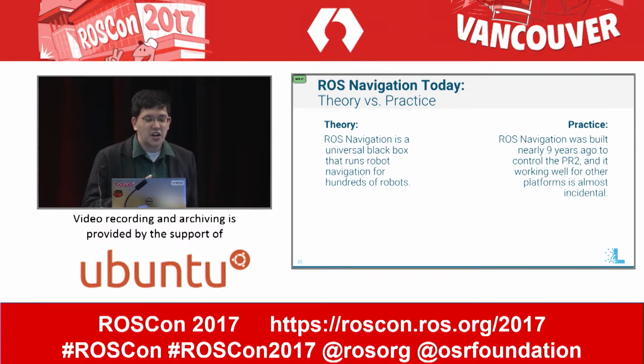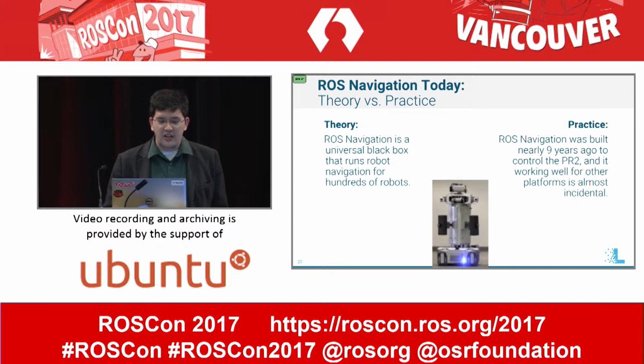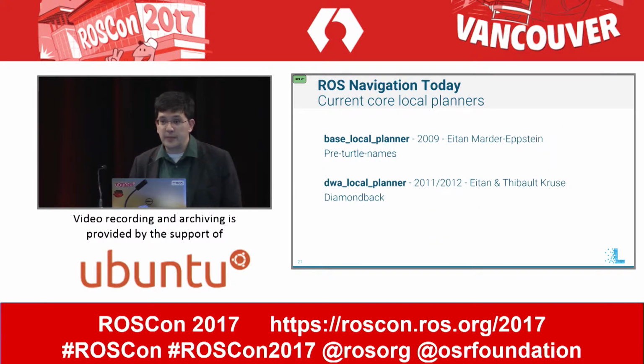It's a little harsh, but what's important to keep in mind is when it was written, the PR2 looked like this. And so this was a while ago, and the packages that were being used are still being used today. So we have the base local planner that was written in 2009 for Willow Garage's initial navigation milestones. It's so long ago that it doesn't have a turtle name associated with it.